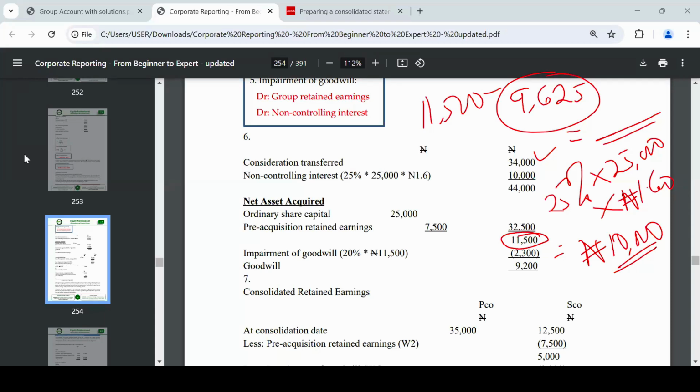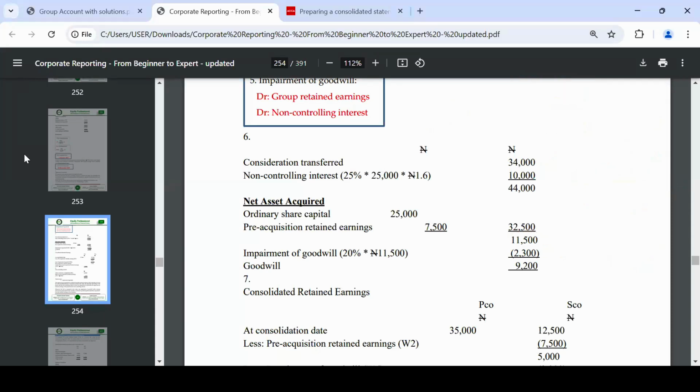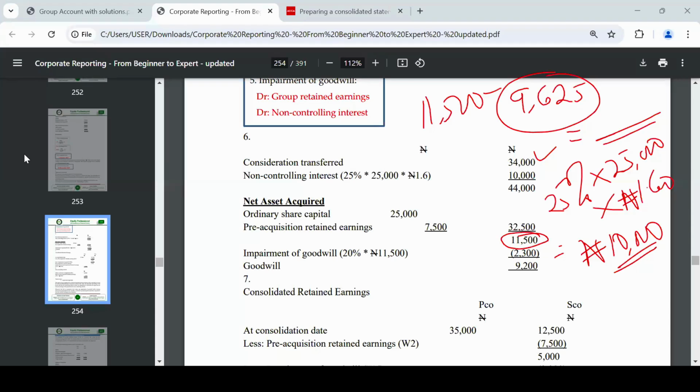Now that amount, 1,875, is goodwill that is attributable to NCI. So therefore, this impairment of 2,300 is going to be shared between the parent and the NCI.